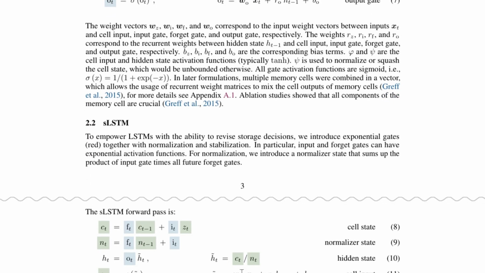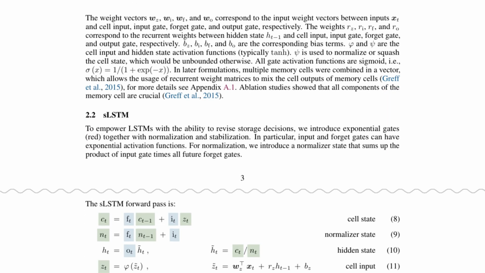The weight vectors, W sub z, W sub i, W sub f, and W sub o, correspond to the input weight vectors between inputs x sub t and cell input, input gate, forget gate, and output gate, respectively. The weights r sub z, r sub i, r sub f, r sub o correspond to the recurrent weights between hidden state h sub t minus 1 and cell input, input gate, forget gate, and output gate, respectively. b sub z, b sub i, b sub f, and b sub o are the corresponding bias terms.